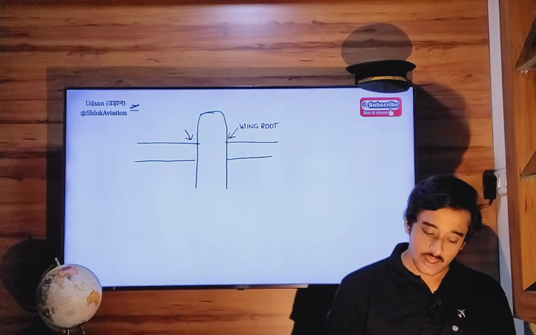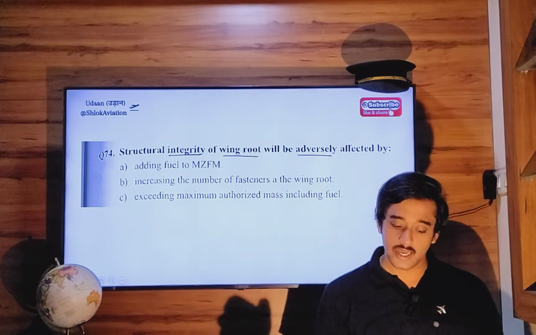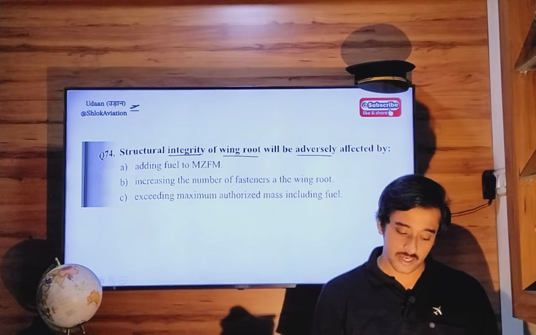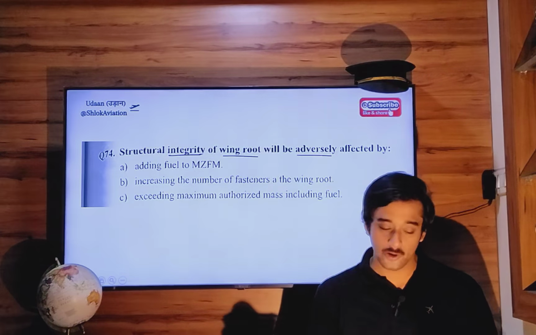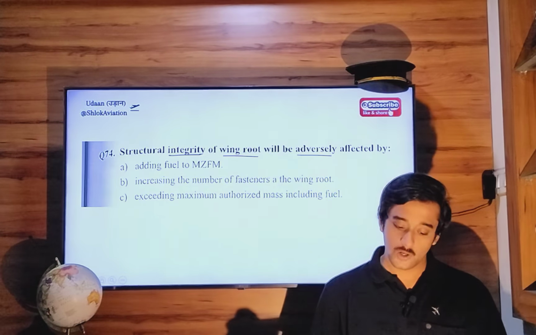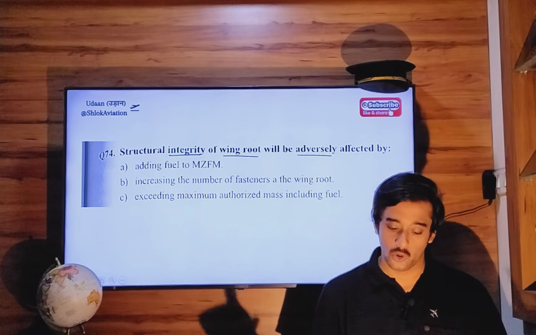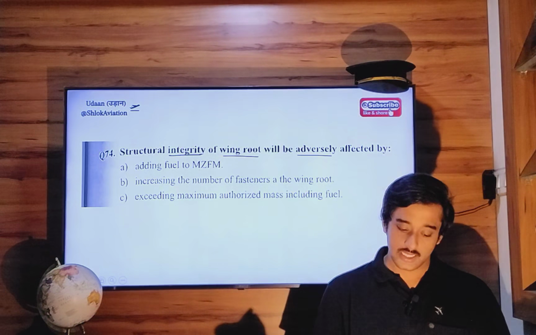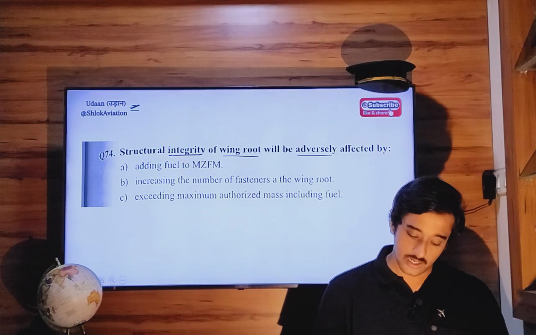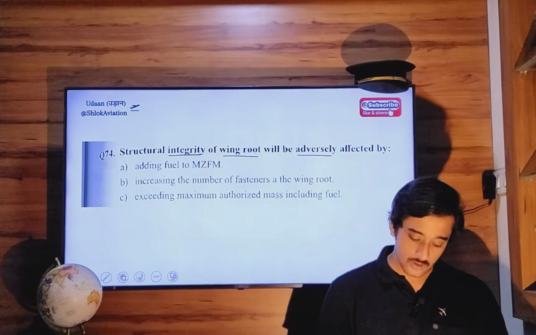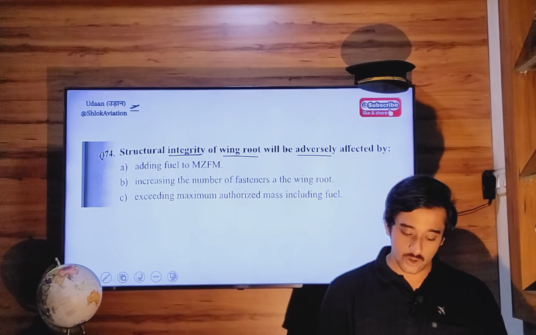Okay, so structural integrity of wing root will be adversely affected by adding fuel to maximum zero fuel mass, increasing the number of fasteners, that means screws, bolts, at the wing root, exceeding maximum authorized mass including fuel. Now, your aircraft has maximum zero fuel mass.